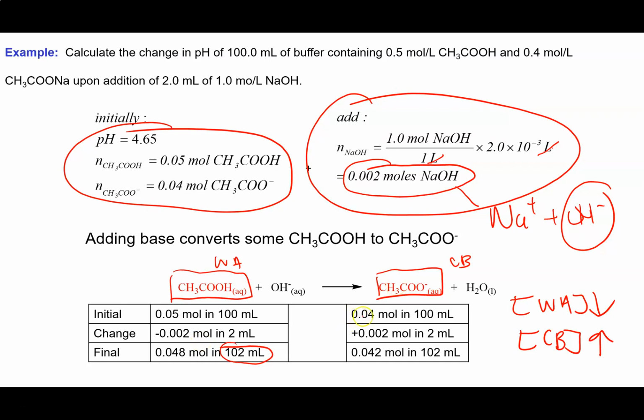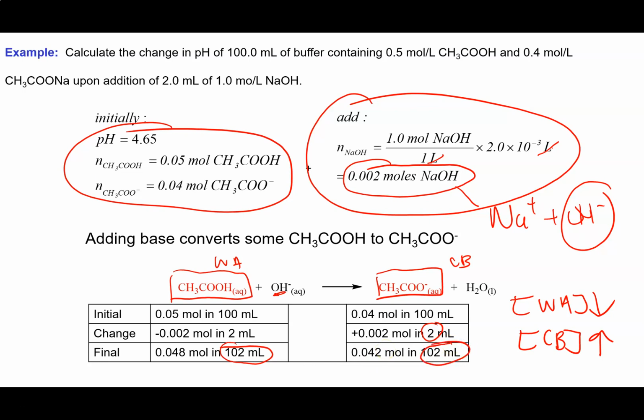Initially I had 0.04 moles dissolved in 100 mils. By adding the hydroxide ion, I produced 0.002 moles, but I also increased the volume by 2 mils. So after the addition, I'm going to have 0.042 moles of the acetate anion dissolved in 102 mils.